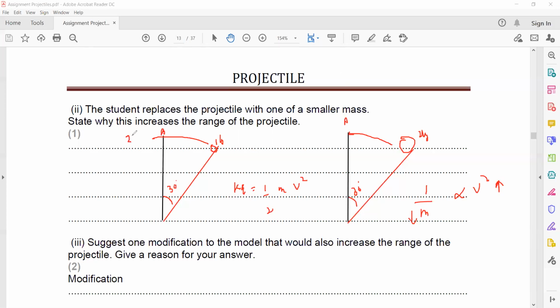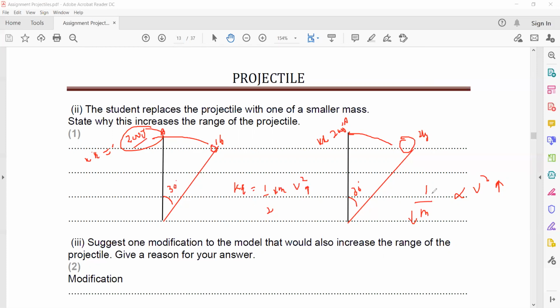For example, if this has 200 joules of kinetic energy, the other will also have 200 joules, because the initial elastic strain energy is the same. But in this case, the object which is launched is lighter, so small mass, so it will move at a higher speed. So greater initial speed will be there. It means it will have a greater range.